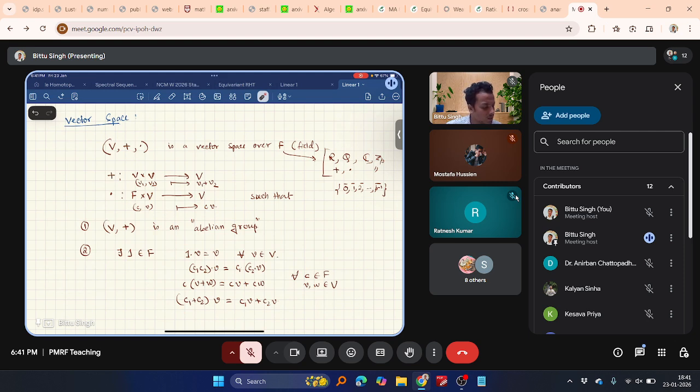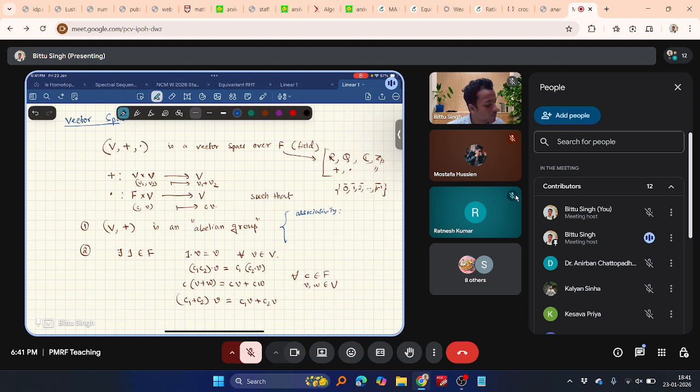And another thing is, what is the meaning of abelian group? Abelian group means those kinds of group theoretic properties. So there is the associativity property.